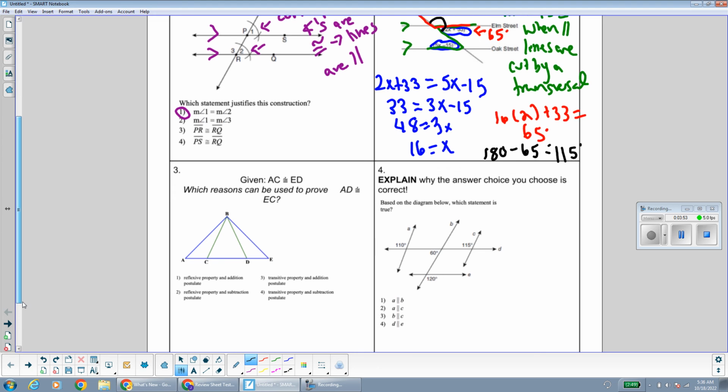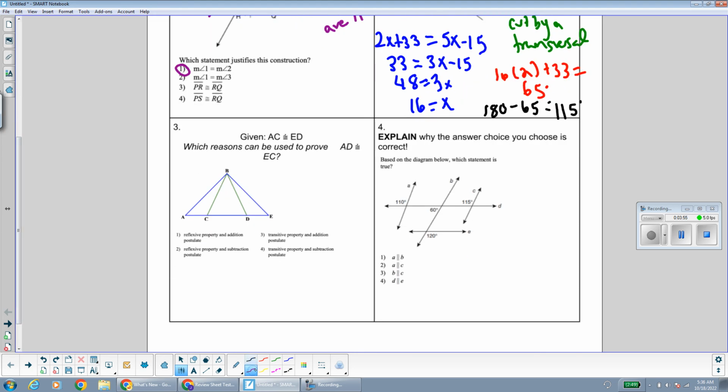Okay, given AC is congruent to ED, how can we prove that AD is congruent to EC?